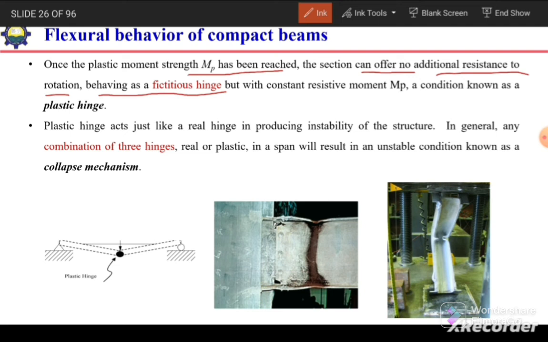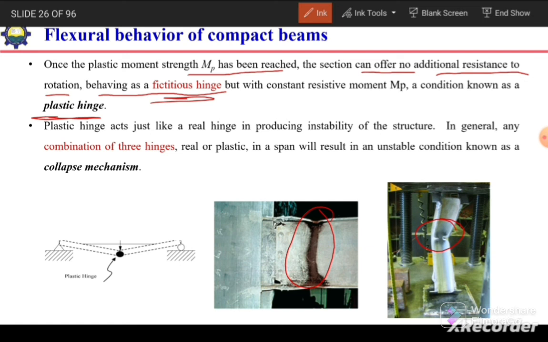The moment will remain constant, but it will continue to deform or rotate. As it continues to rotate at the section where the whole section has yielded, that point can act as a fictitious hinge. It will act as a hinge. This fictitious hinge is termed as a plastic hinge, the hinge that is formed because of the plastic deformation of the section.